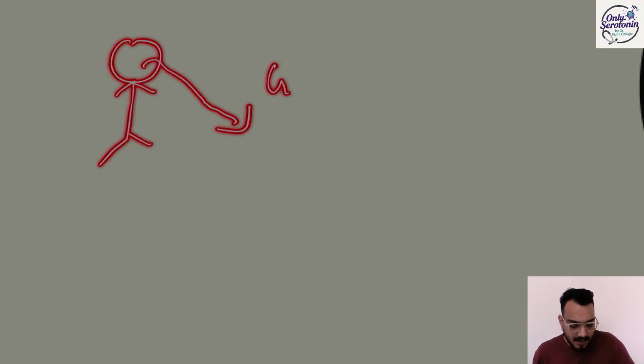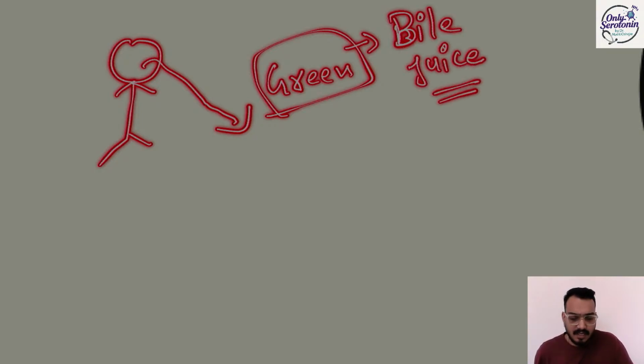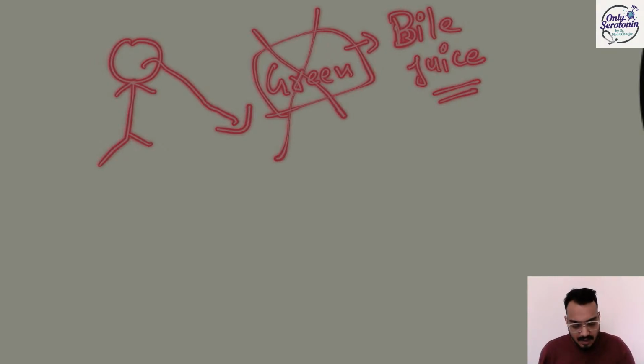If in this vomiting you can see the green color, this green color represent the bile juice. So if vomiting is of green color, it is bilious vomiting. If there is no green color in the vomiting, you will say it is non-bilious vomiting.